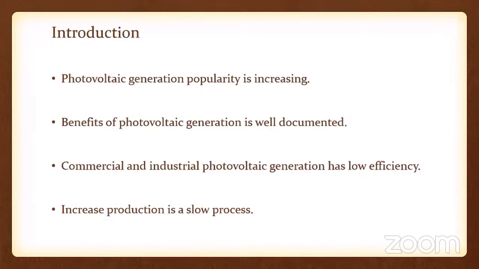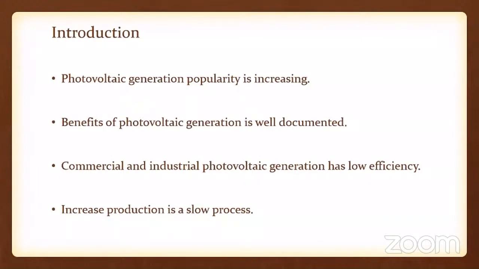One of the major downsides of photovoltaic generation is the fact that the conversion from solar radiation to electrical energy is quite low in most commercial applications. The conversion rate of the solar radiation converted into electrical energy is approximately 15 to 20%.